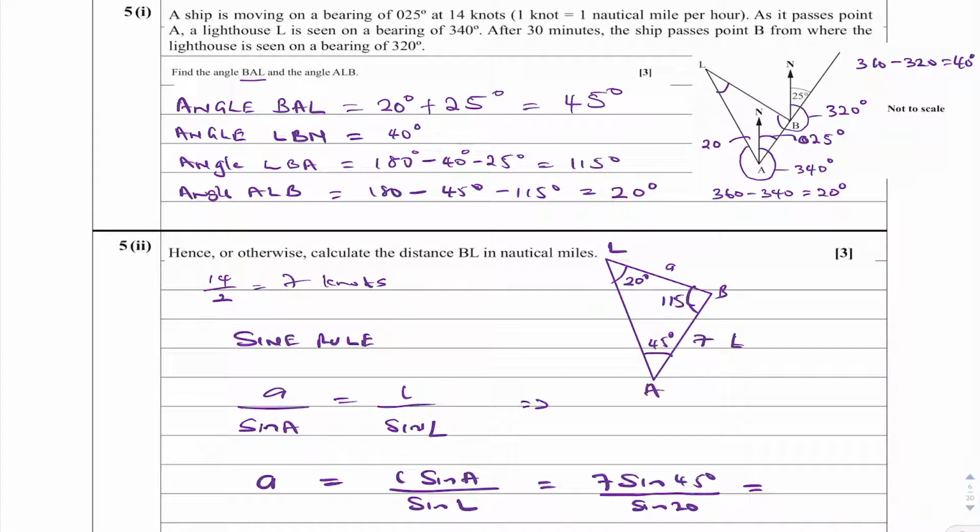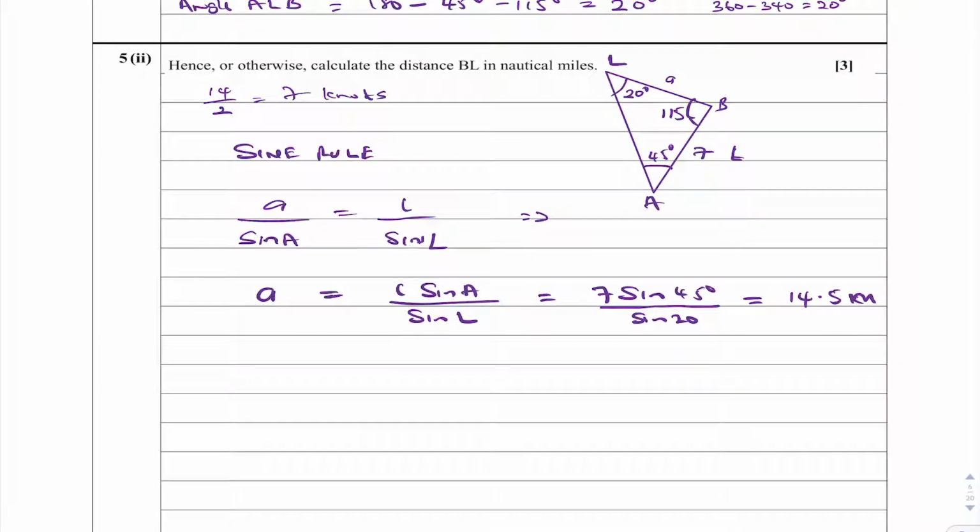When we plug that into the calculator, we get 14.5. So the distance traveled is 14.5 nautical miles. Therefore, LB equals 14.5 miles.